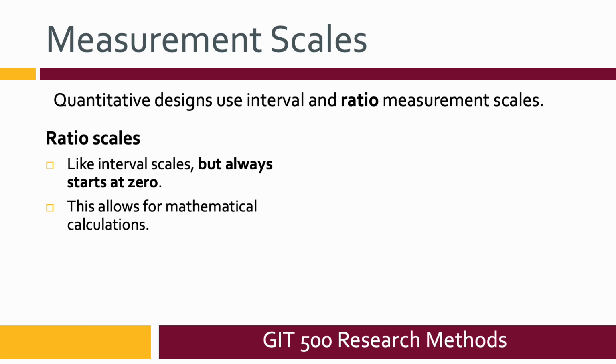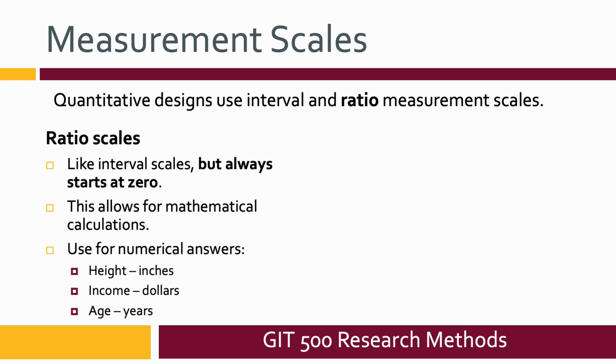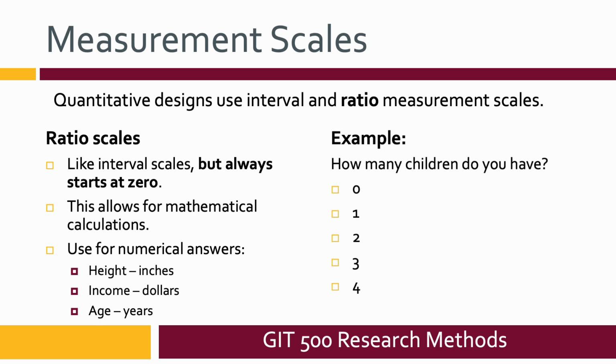It's easier to compare apples to apples if everything starts at 0. It's used for numerical answers, right? So height in inches, and income in dollars, age in years, and so on. And here's an example. How many children do you have? 0, 1, 2, 3, 4, 5, and so on. That last number is arbitrary, but the first one always has to be 0.